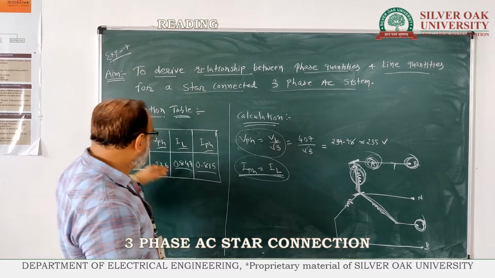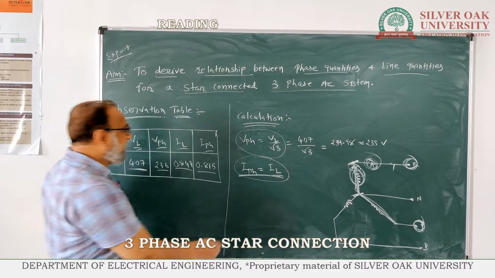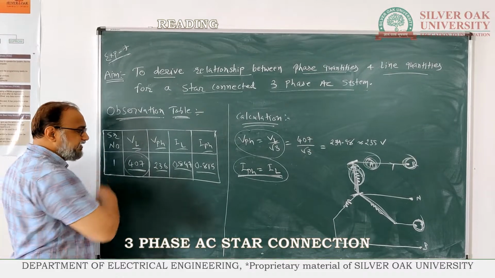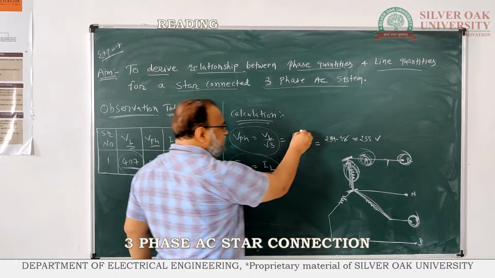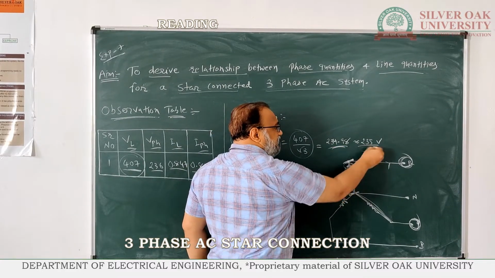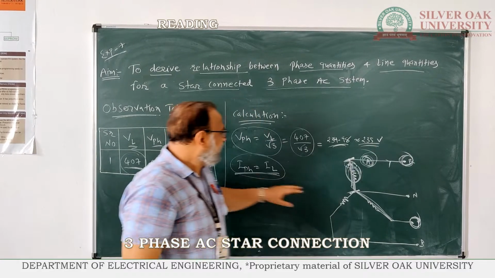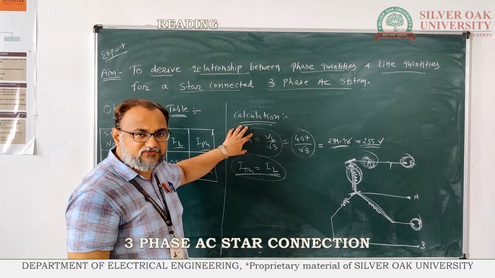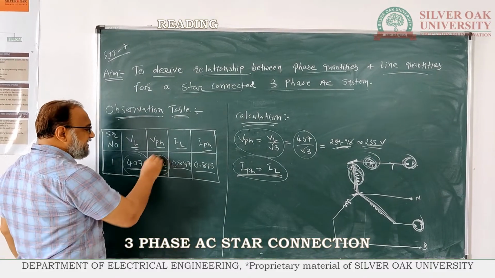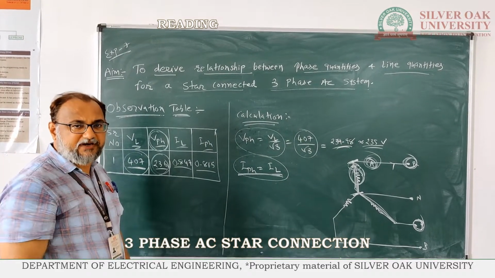So the reading which we have obtained here, we can verify. The line voltage is 407, and 407 divided by root 3 gives approximately 235. This 235 is the theoretical value of the phase voltage, and it is quite the same as the value which we obtained practically.